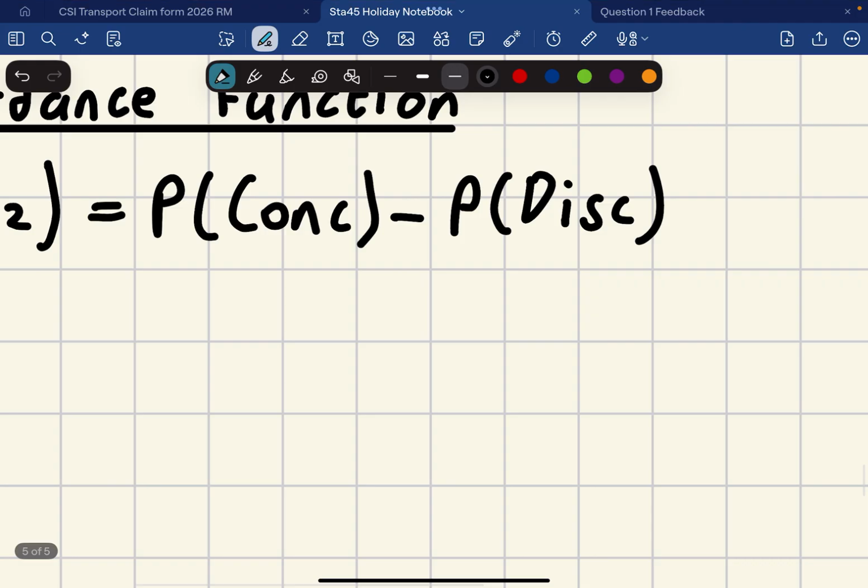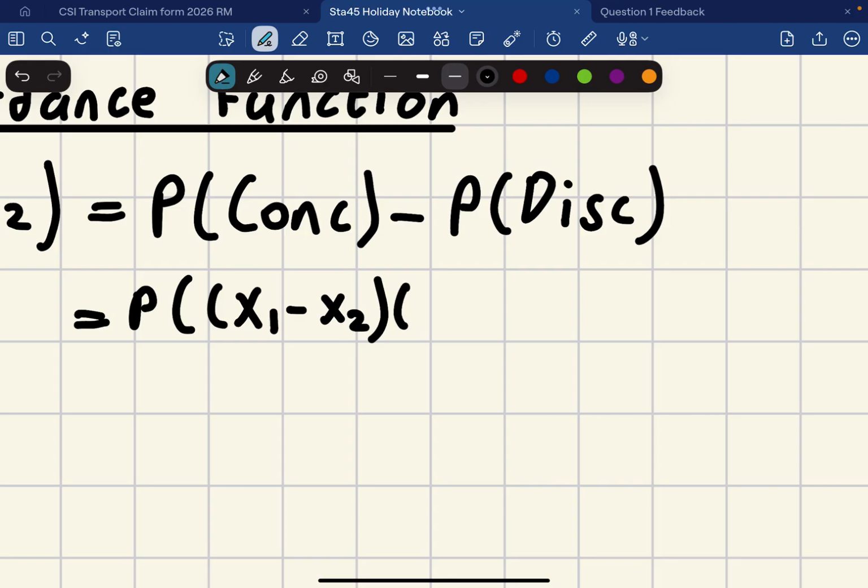So in simple terms, concordance is when x1 minus x2, the difference between two x's that have the same distribution, multiplied by the difference between two y random variables that have the same distribution, will give me a positive number, right?